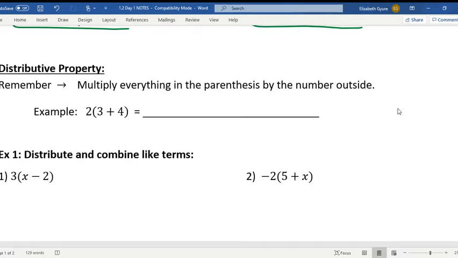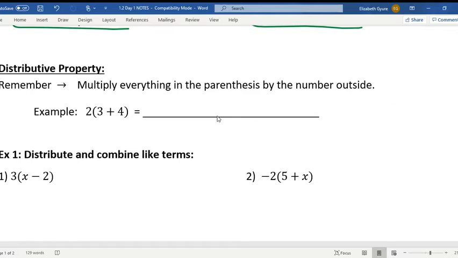Distributive property. Have you guys heard of distributing before? You have at some point, even if you don't remember. Most of the time when I ask, I know that at some point it's happened. So distributive property, remember that means multiply everything in the parentheses by the number outside.